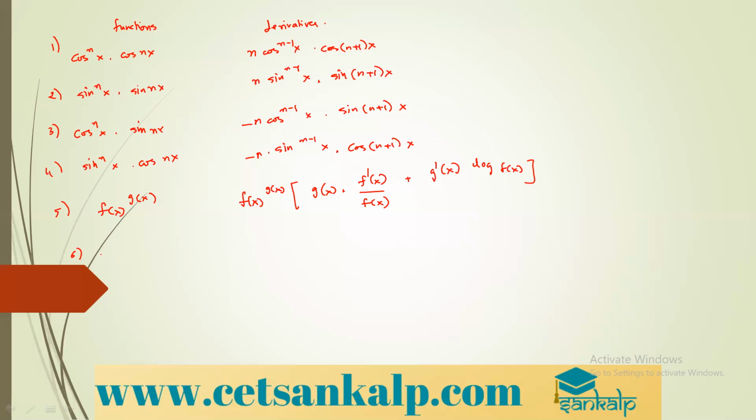Similarly, if there is a variable power another variable, then you have to find the derivative of variable power constant, plus you have to find the derivative of constant power variable also.